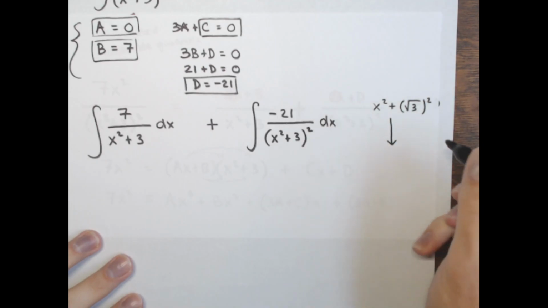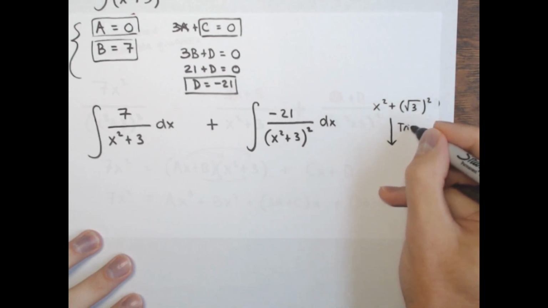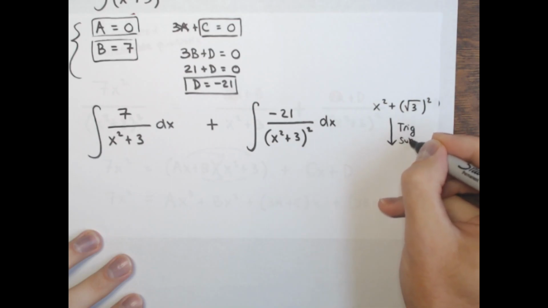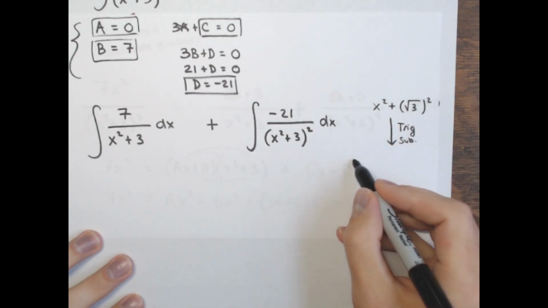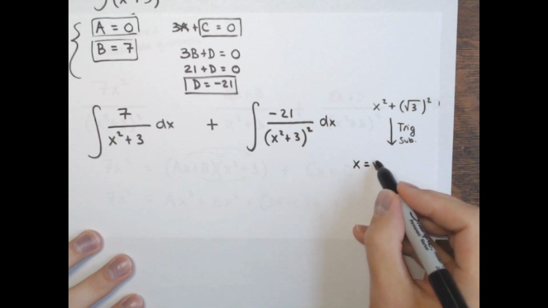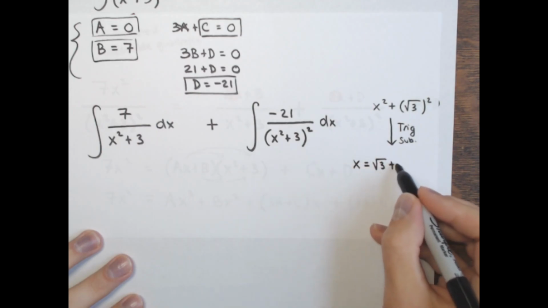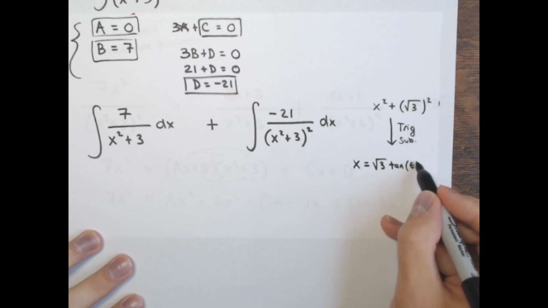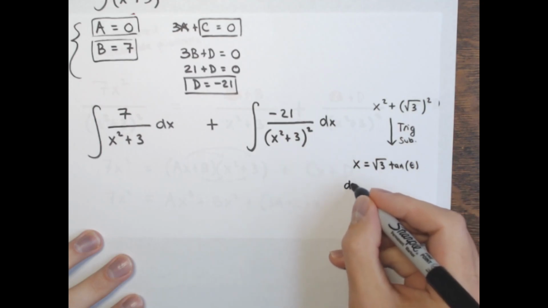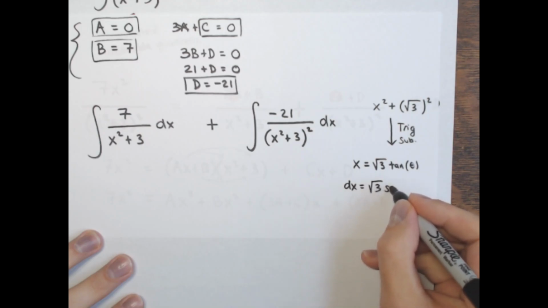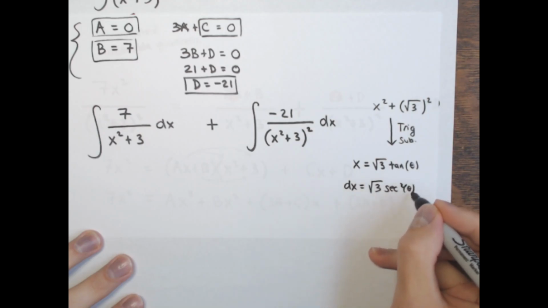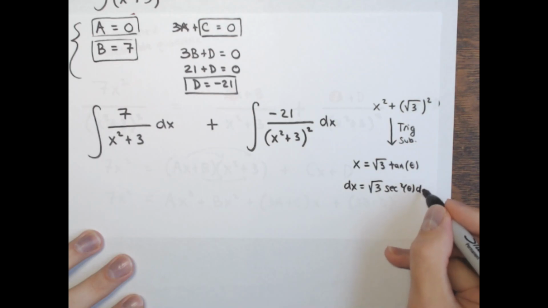So I'm going to do the following trig substitution. So this is going back to section 3.3 again. I'm going to have x be the square root of 3 times the tangent of theta. And then dx will be square root of 3 times secant squared theta d theta.